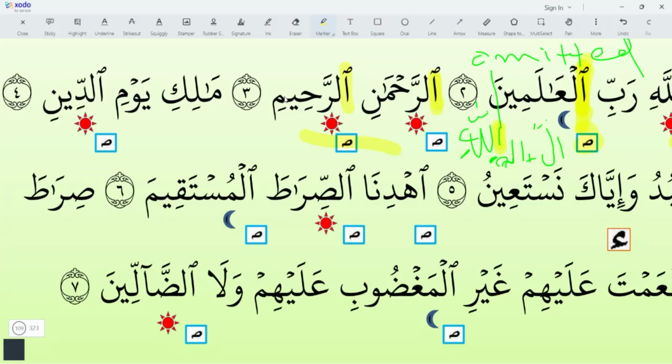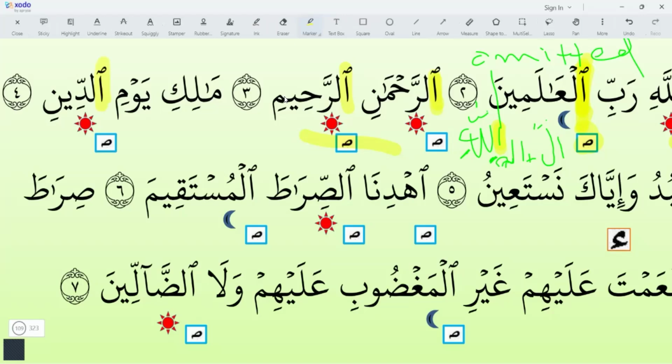Ad-Din. So this is Ad-Din, Hamzatul Wasal. And Ad-Din is Huruf Shamsiyya. Yes. Okay, good. Because we don't pronounce the lam. It is Hamzatul Wasal and this is Huruf Shamsiyya.